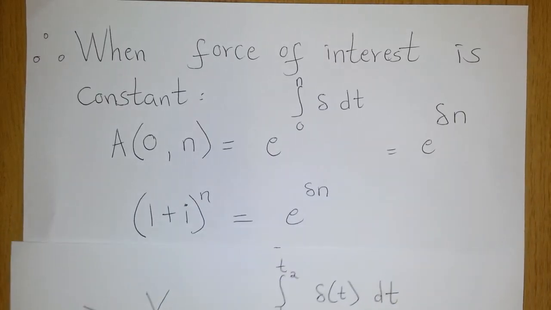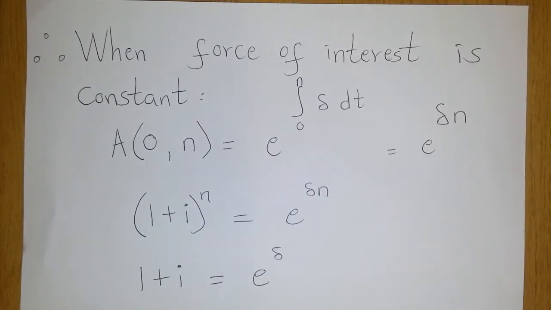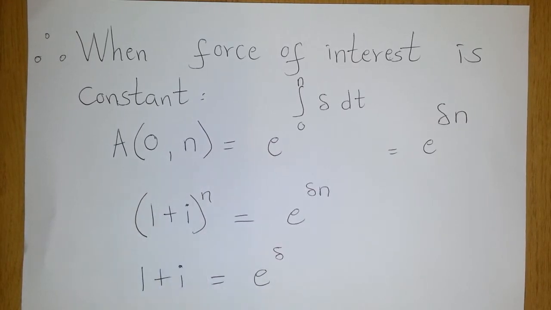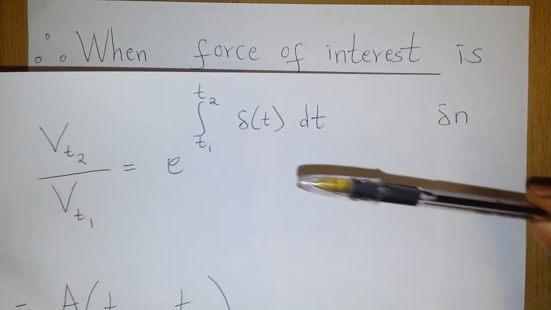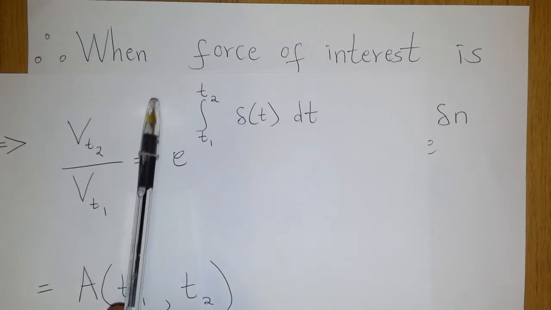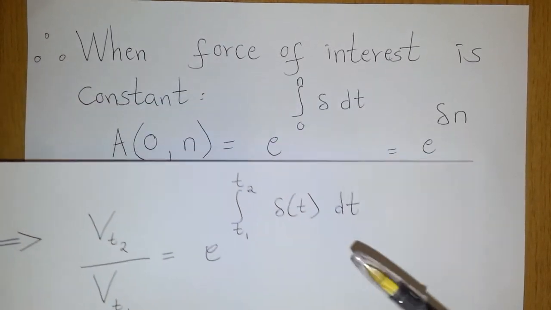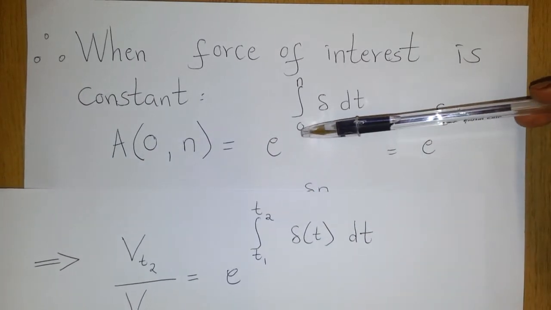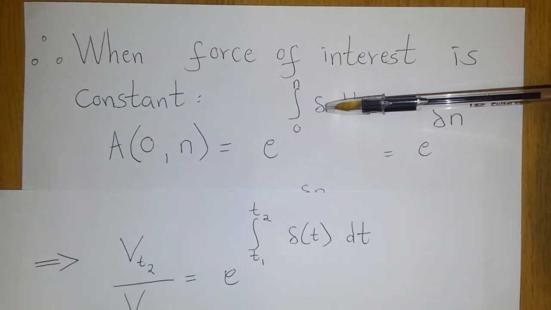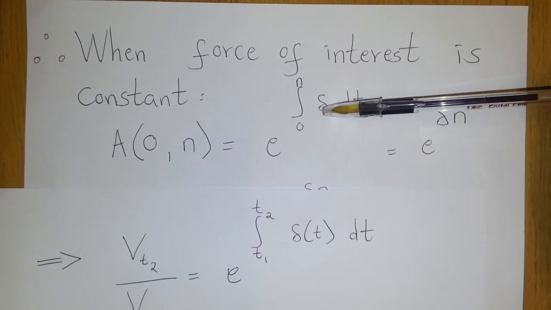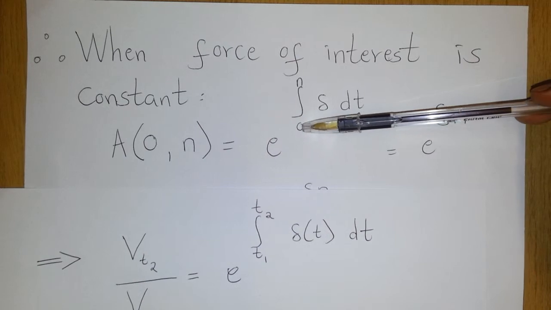In a case where we are required to find the accumulation factor from time 0 to time n, we would simply apply this result here, plugging in the times, time 0 to time n, and integrate the force of interest from time 0 to time n.